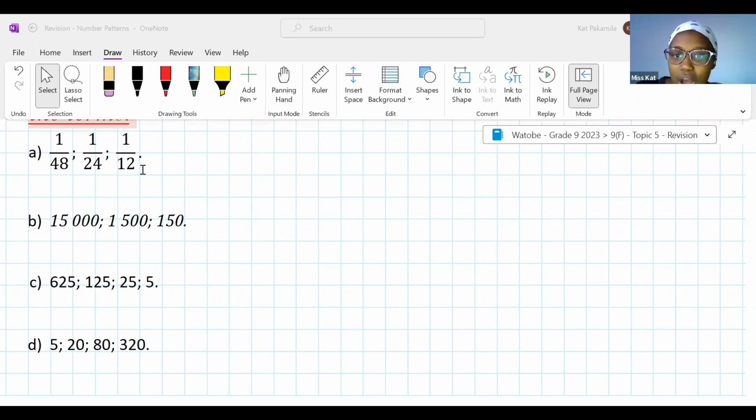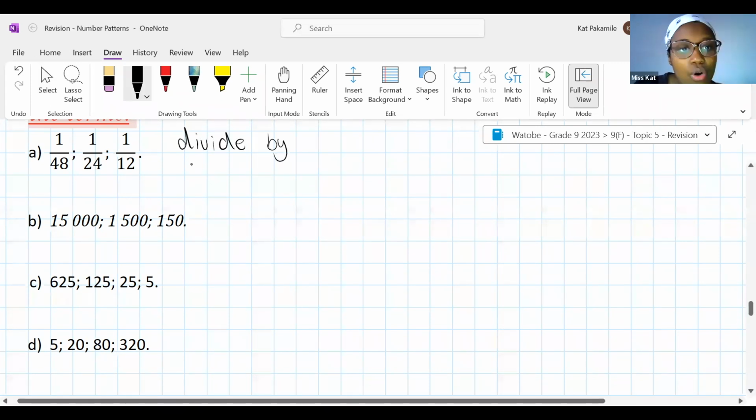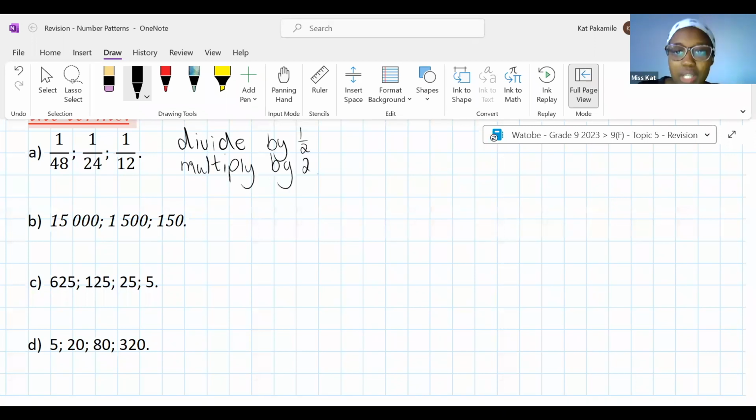Okay, divided by a half, says Watobe. So this one, you can either say divide by a half or multiply by 2. If you don't believe me, they mean the same thing. You can check.